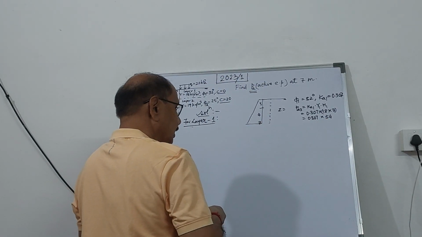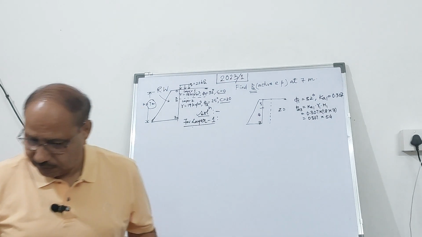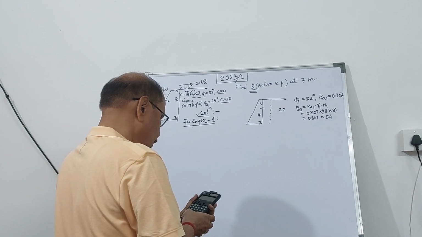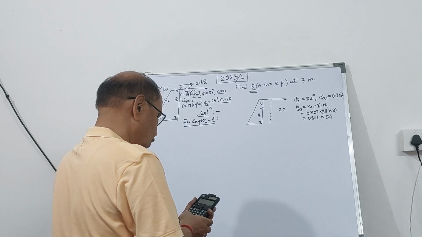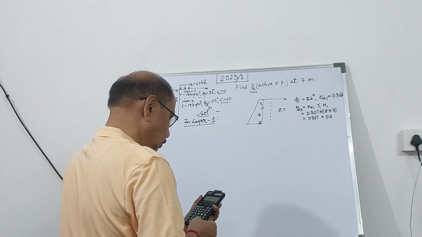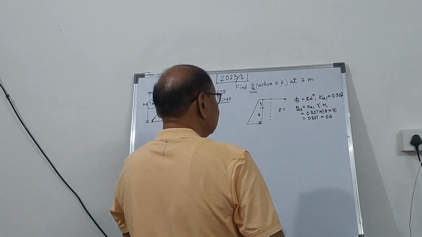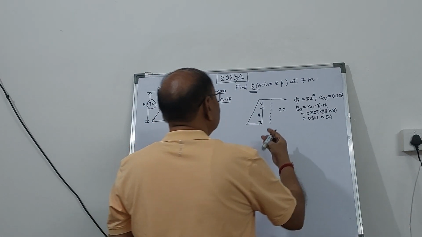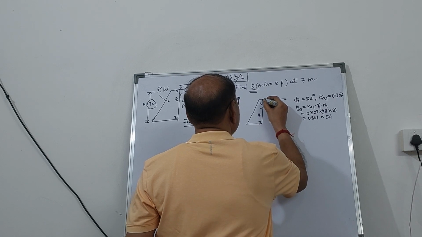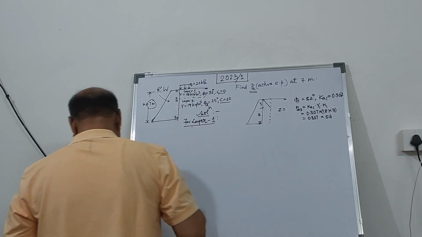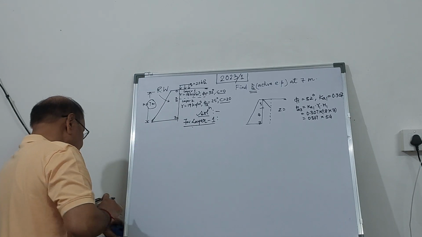If I take the calculator and calculate it, the pressure is 16.578. So here the pressure is 0 and the reference line has to be taken.